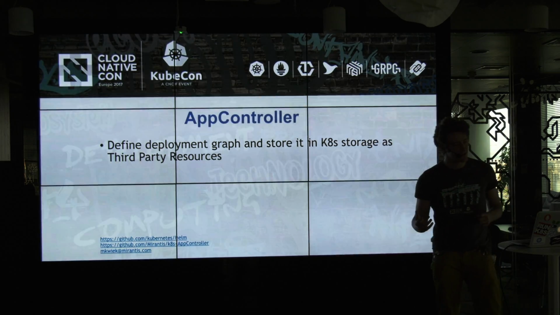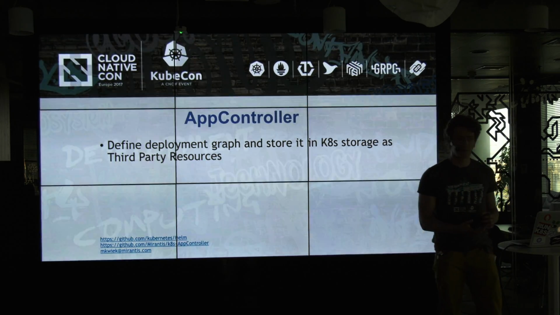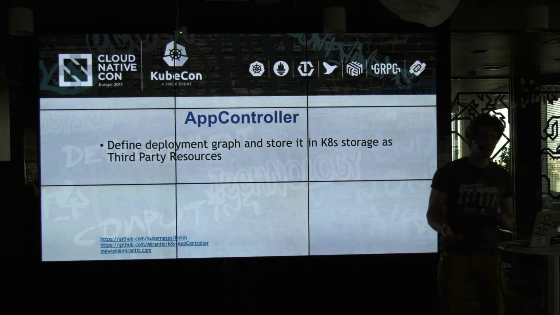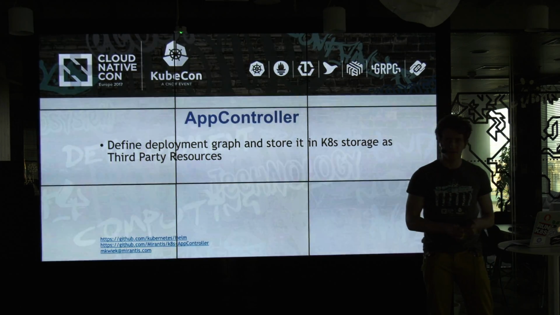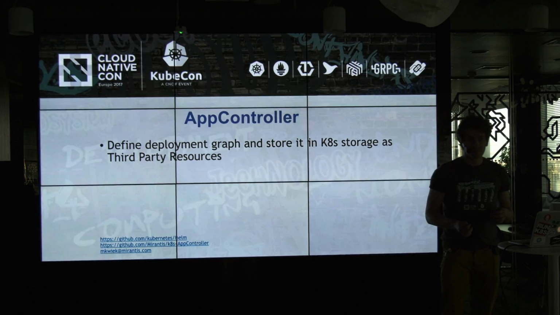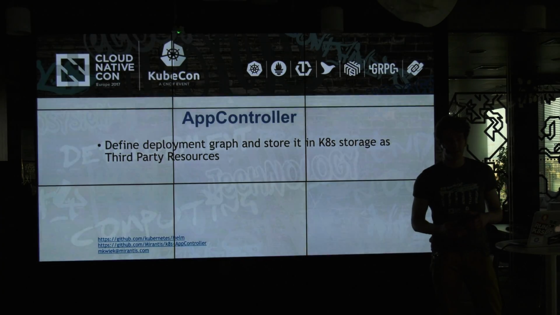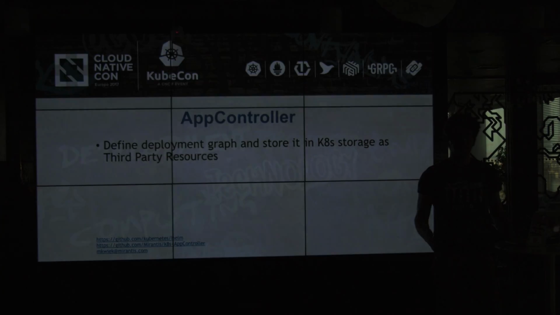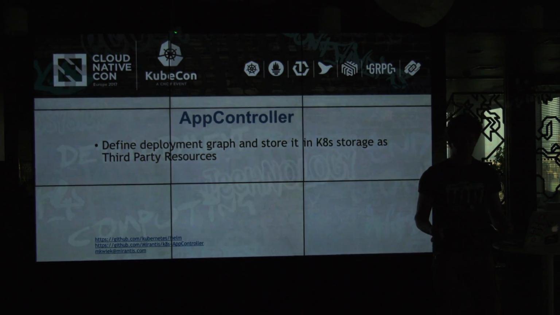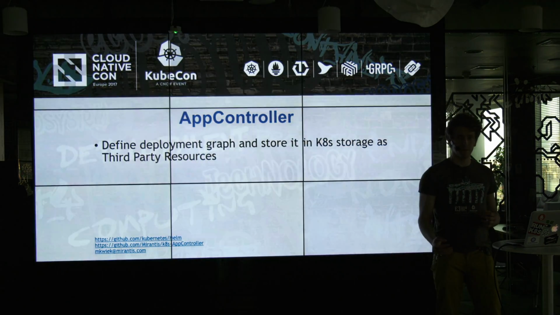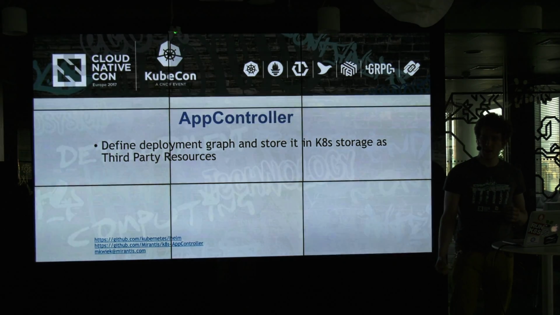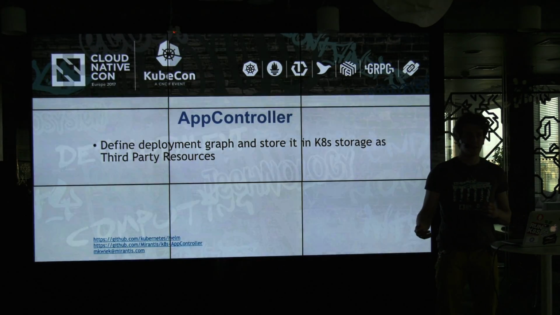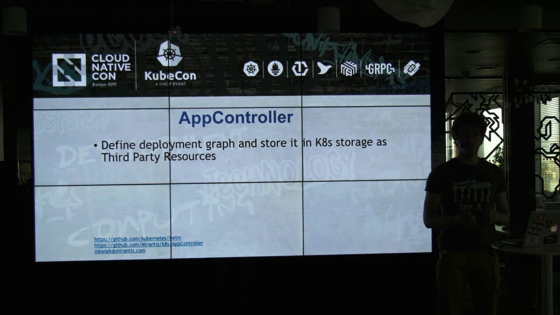The way it works is you define your deployment graph and you store it in Kubernetes storage as third-party resources. So third-party resources are a way in Kubernetes in which you can extend the REST API, so you can create new endpoints in which you can then create new objects.